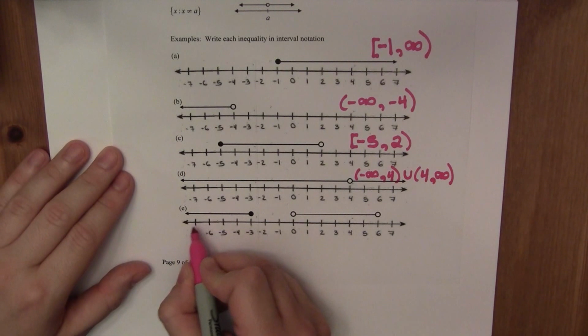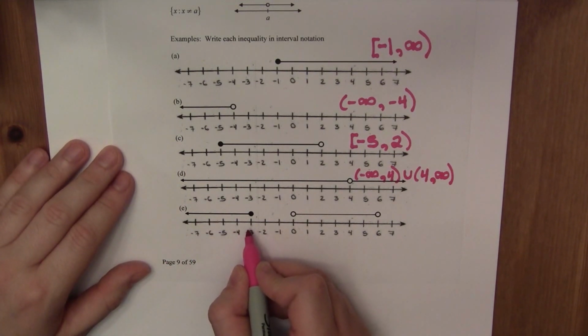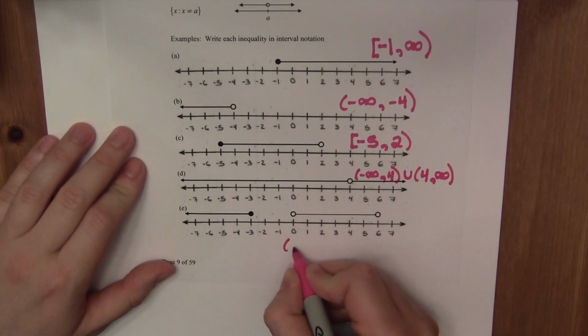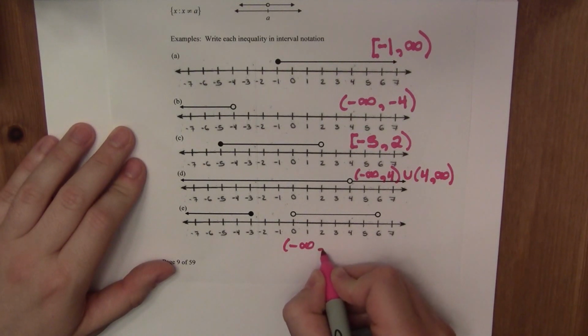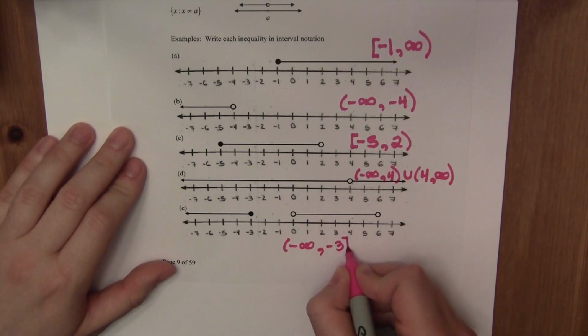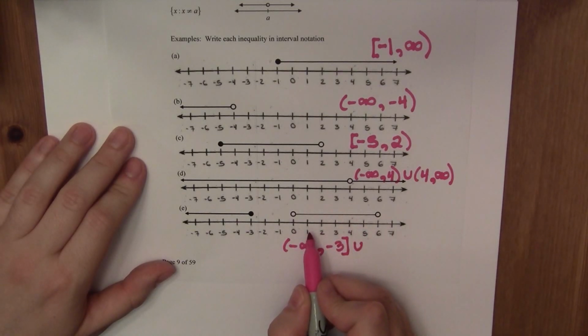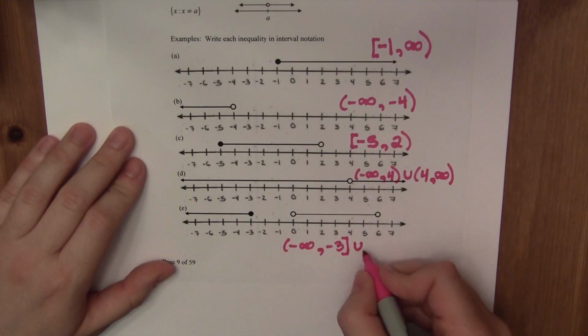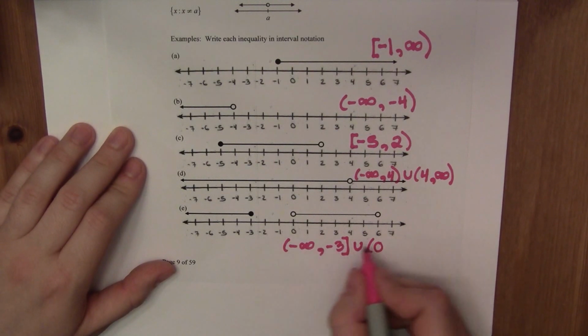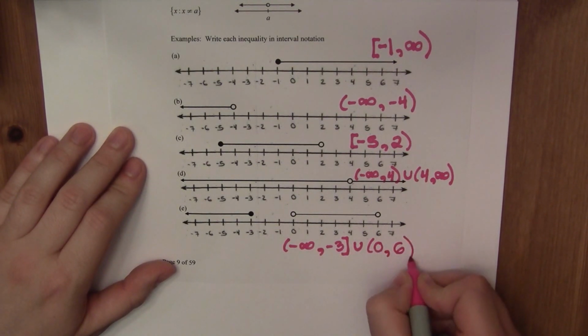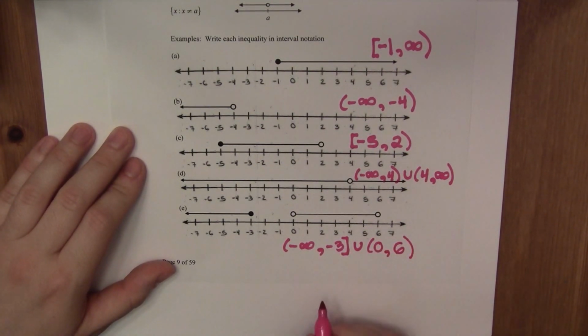My first region is everything going up to -3, including -3. So I'll write that as parenthesis negative infinity comma -3 with a bracket. Union, my second interval is all the values between 0 and 6. So in parentheses, since the 0 and 6 aren't included, I'll say union 0, 6.